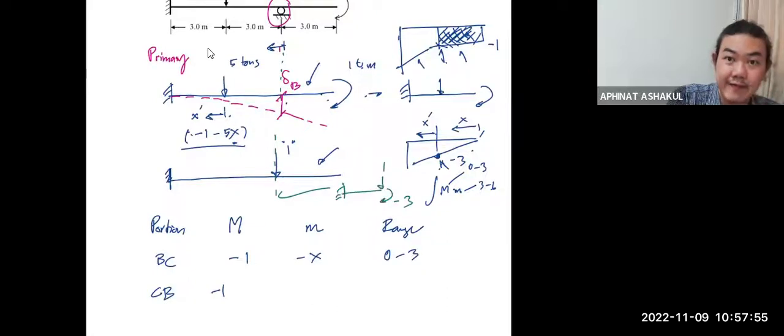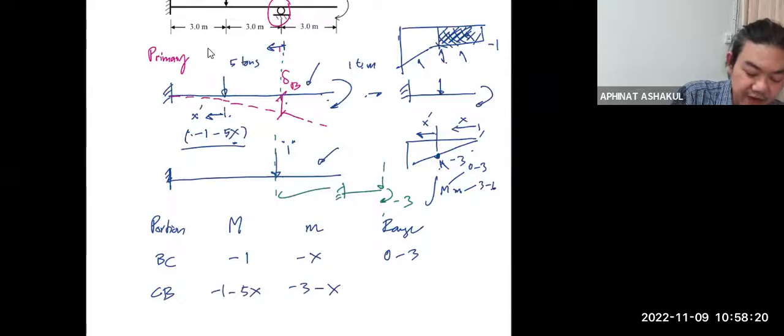That's your free body diagram. The fact that you cannot write a proper or correct moment equation is because you do not see the picture, or because after you don't see the picture, you refuse to draw a free body diagram. If you draw the free body diagram, you see right away that this is minus 3 minus x. And here is minus 1 minus 5x. So this is your first alternative.